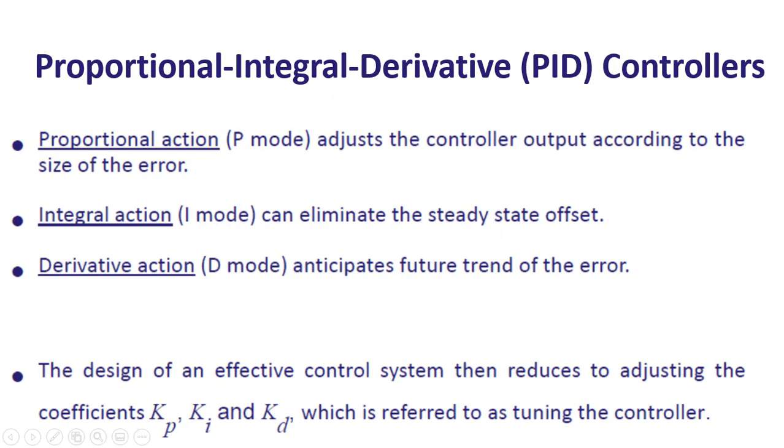Now again, what is proportional action? Proportional action is also known as P mode. It means that it adjusts the controller output according to the size of the error. Okay. Similarly, integral action, I mode, can eliminate the steady state error. So integral is only used when you have a constant steady state error, that is known as steady state offset.